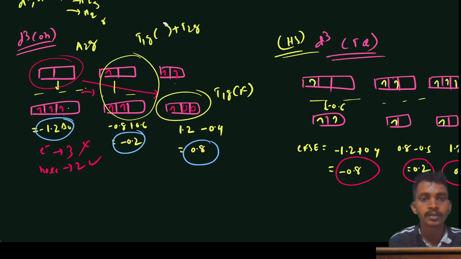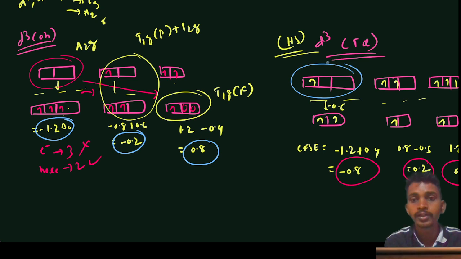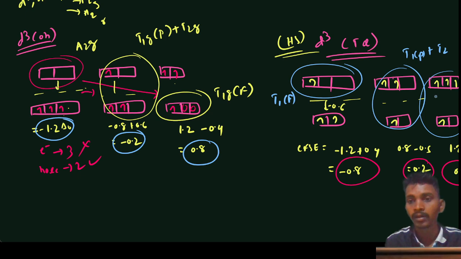This is the excited state P. Similarly for tetrahedral, here only the degenerate state is there, so this will be T1 F, and this will be both cases, so this is T1 P plus T2.